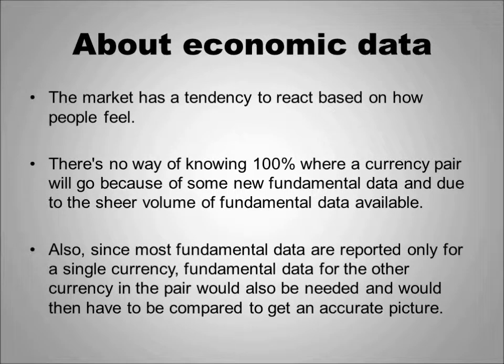For example, if we wanted to trade the Australian dollar US dollar pair, obviously we want to examine news reports from both the United States and Australia. Also, we want to compare economic data released in the American and Australian media. And that goes for any other pair that we're investing in.